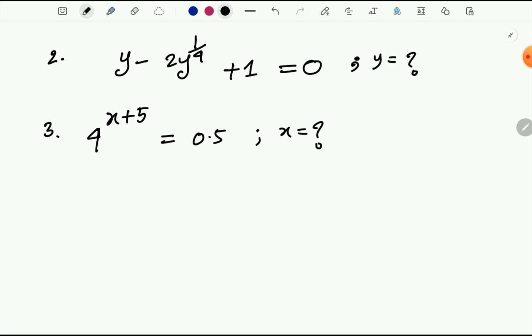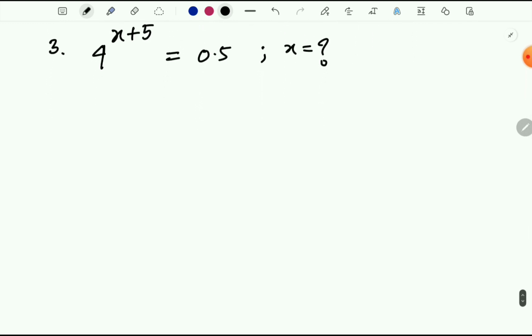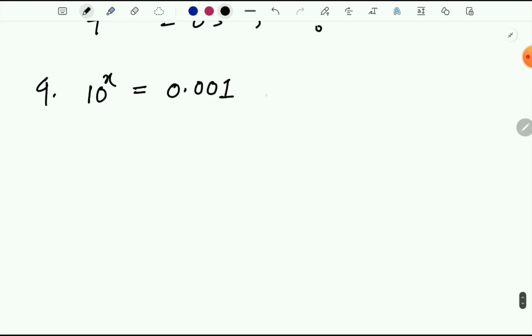If 10 power x equal to 1, then let's find out the value of x. So let's have a summary once again.